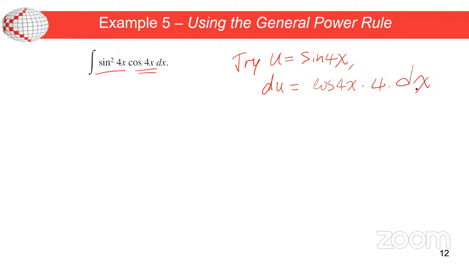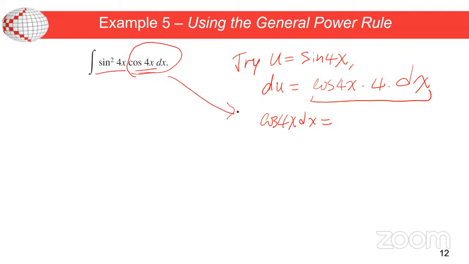Okay. So notice that here, the du is not exactly what we have in the integrand. We do not have a factor 4 in the integrand, but that's okay. The difference is a constant factor. Because you have cosine 4x dx that needs to be converted, you can solve for this combination, which will be 1/4 du.